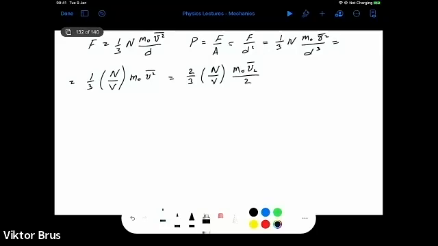So we see that pressure, which is a macroscopic state parameter, is directly proportional to the total number of molecules, inversely proportional to the volume of the container, and here, this is nothing else but the average kinetic energy of each single molecule.